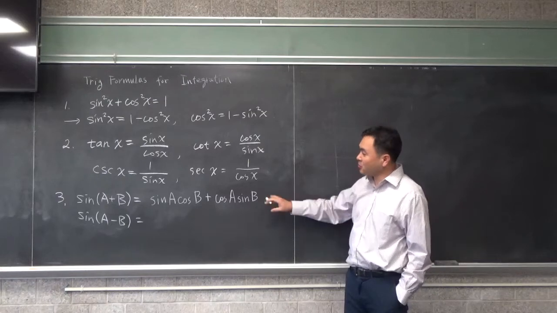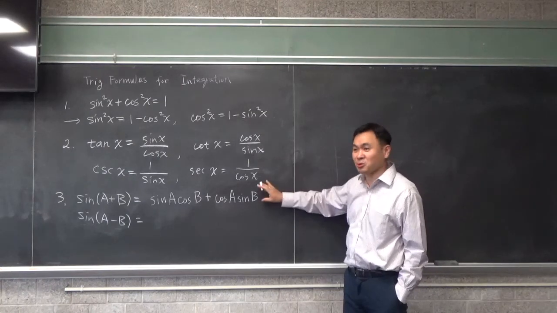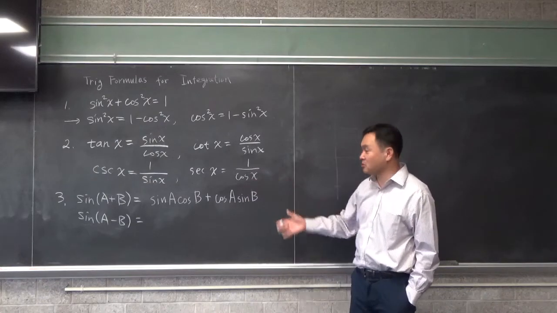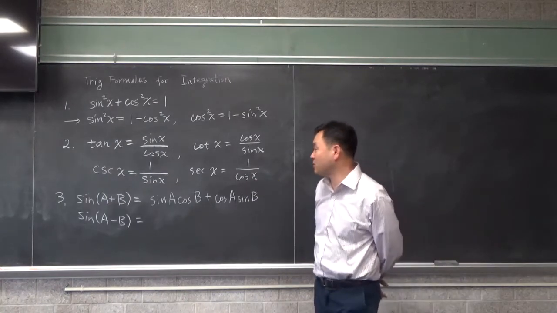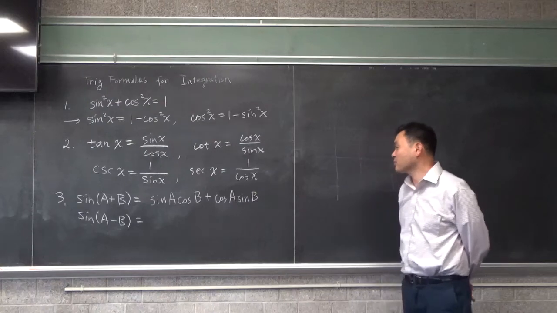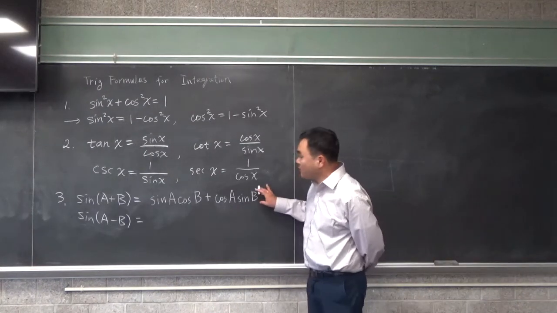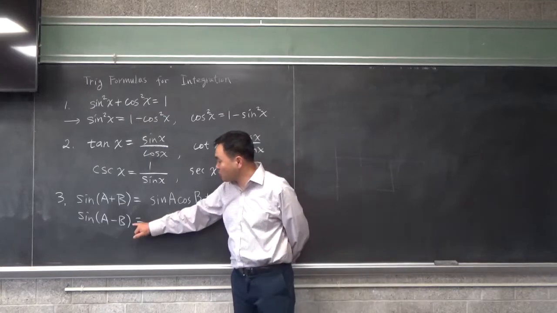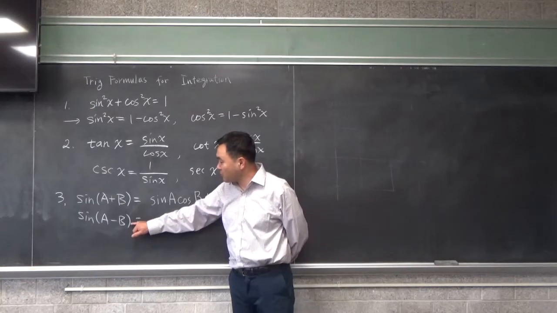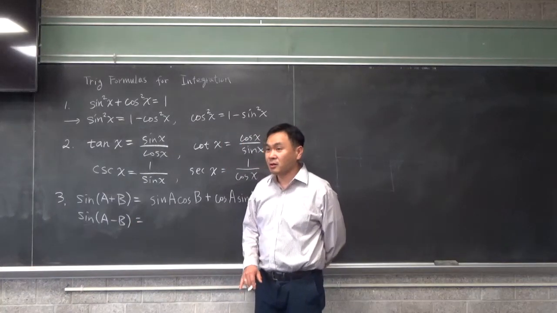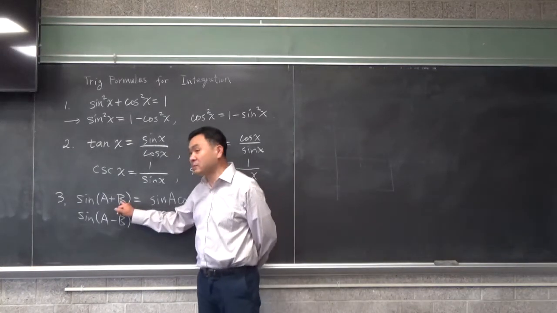So if you're curious, just watch some YouTube videos that have a geometric proof of the sine angle sum formulas. It's not too bad. Okay. Now, if you accept this one, then you can figure out sine of A minus B in the following way. Just replace B by negative B.